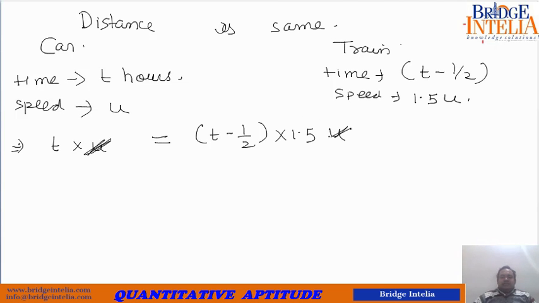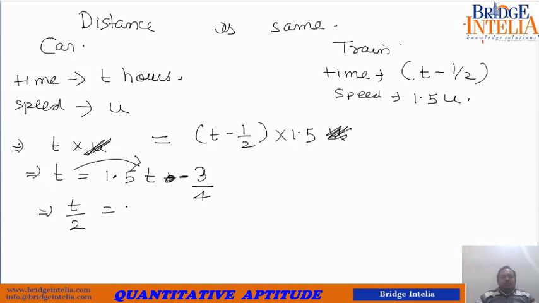So if you cancel this u with this one, what do we get? T is equal to 1.5 t minus 3 by 4. So if you switch sides of variable, t by 2 is equal to 3 by 4.